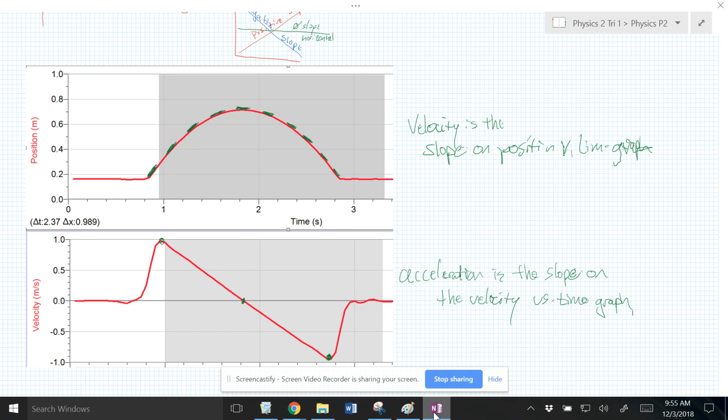Your acceleration value should fit with the description you gave of the slope on the velocity versus time graph. And yeah, you can fix your velocity graphs while you're at it.